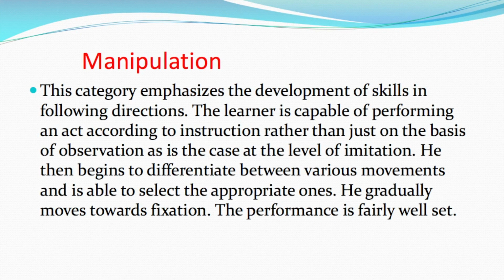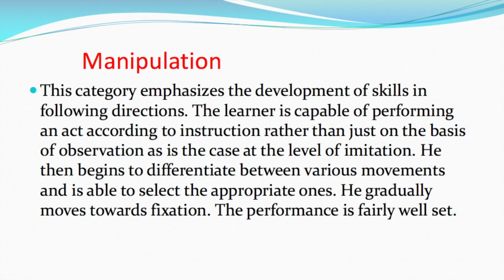The learner is capable of performing an act according to instructions rather than just on the basis of observation. Somebody instructs, now you take your hand like this, your fingers like this. It is a little bit ahead of imitation, and a specific pattern is taking place.